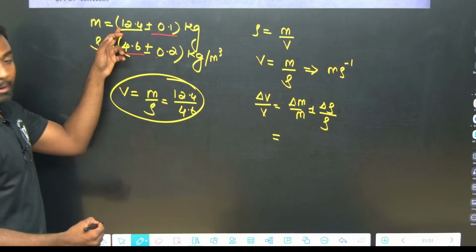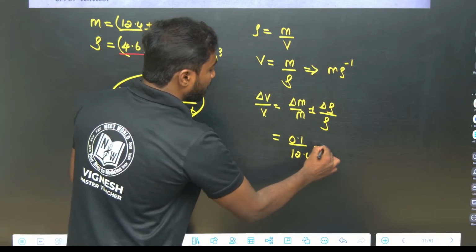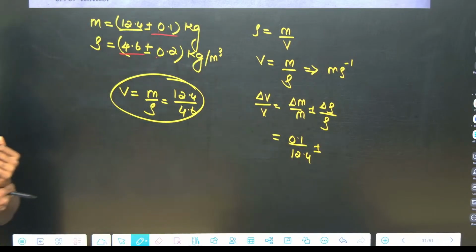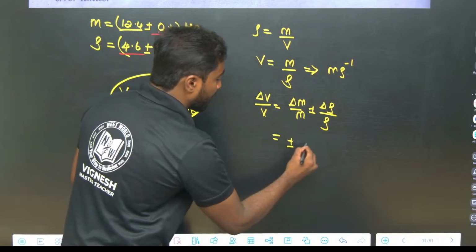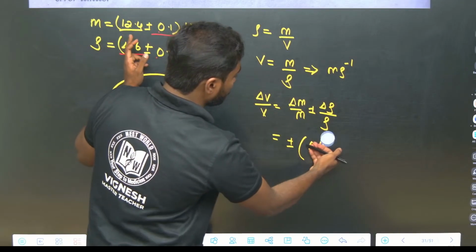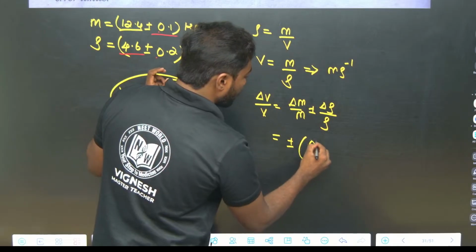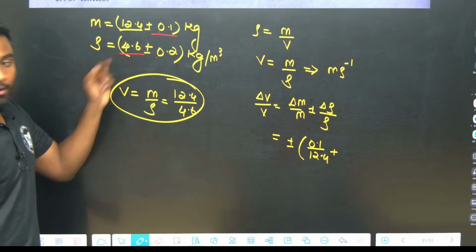What is M? 12.4. So 0.1 by 12.4 plus 0.2 by 4.6.